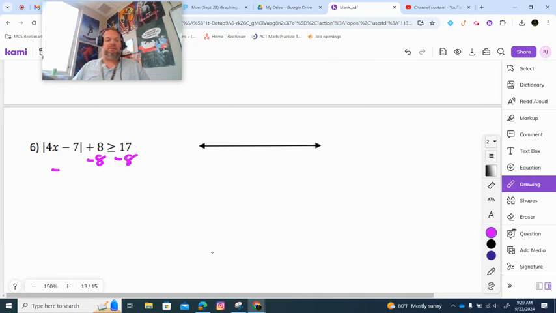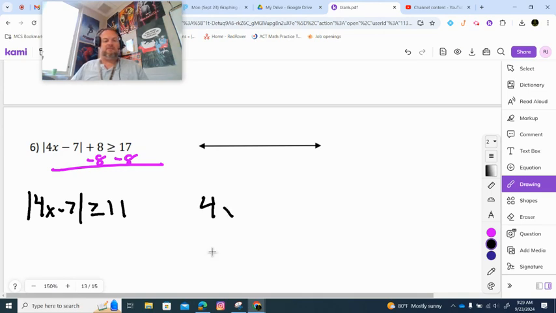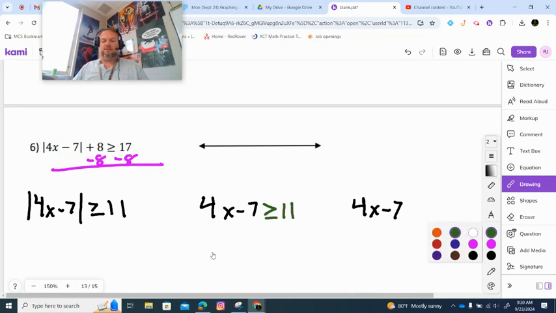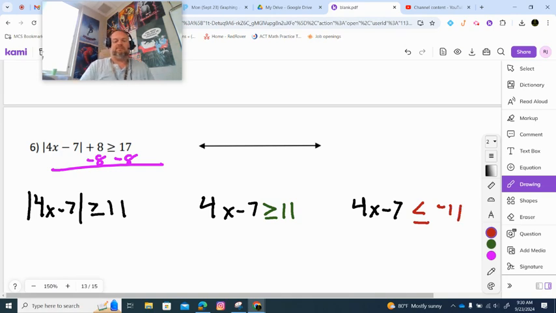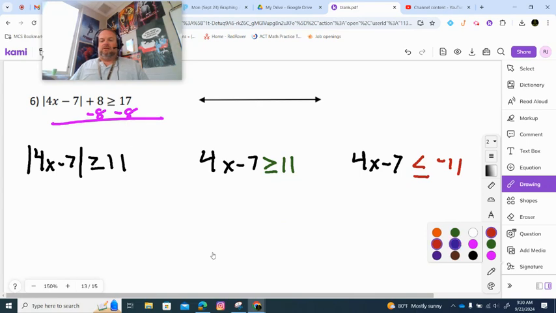-8, -8. All right. Less than or equal to negative 11. Whoa.